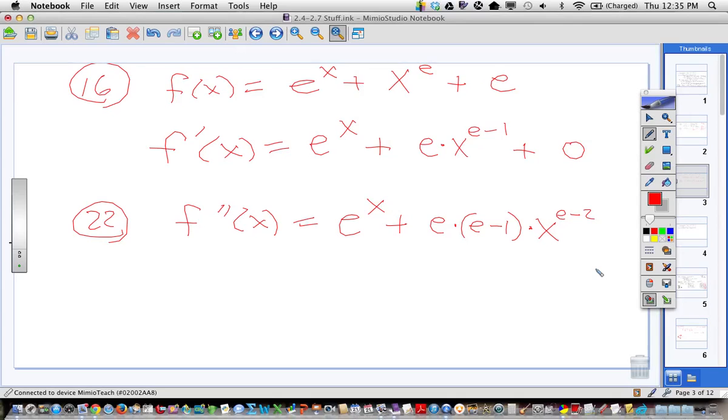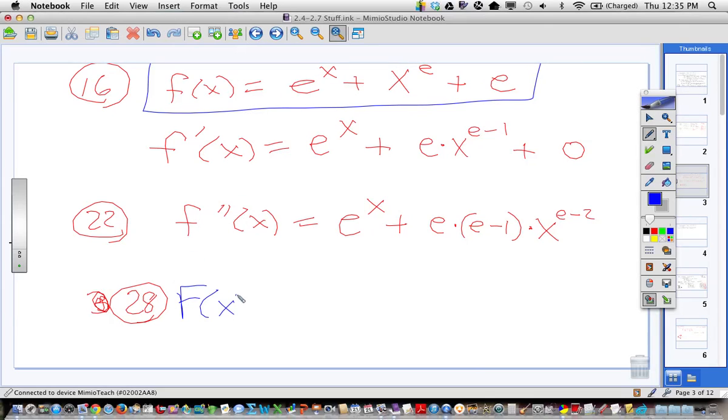Did you have to do an antiderivative on this one? What number was that? 28? So on 28, we're doing the antiderivative of this one up here in blue. Okay, so what's the antiderivative of e to the x? E to the x, that's easy. Okay, what do we say for our power rule?